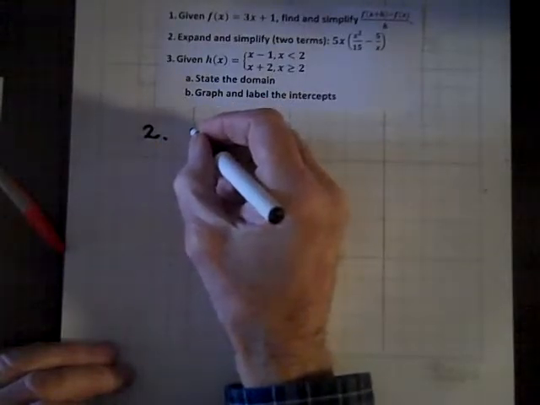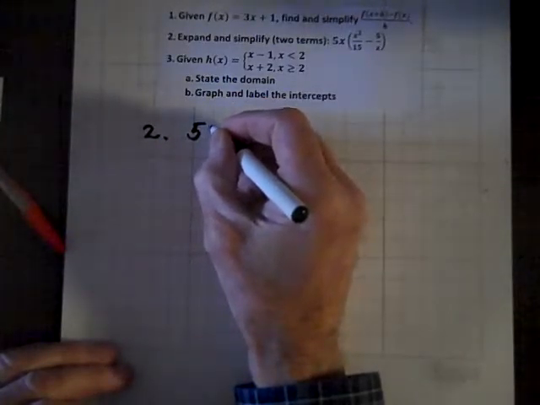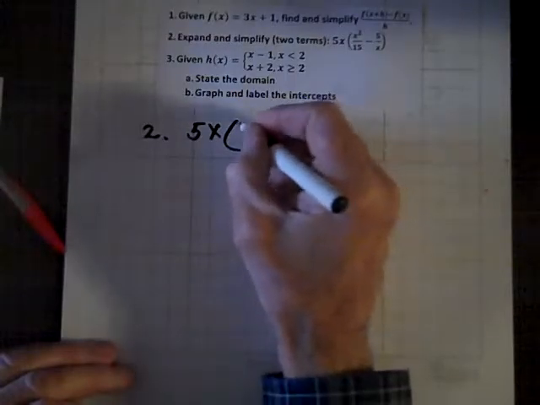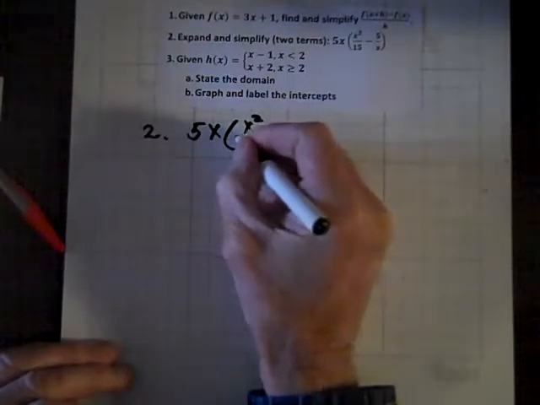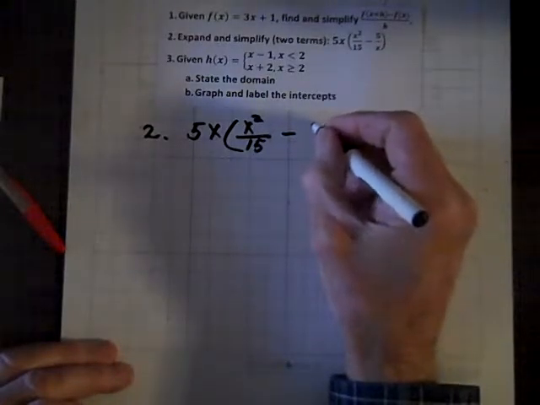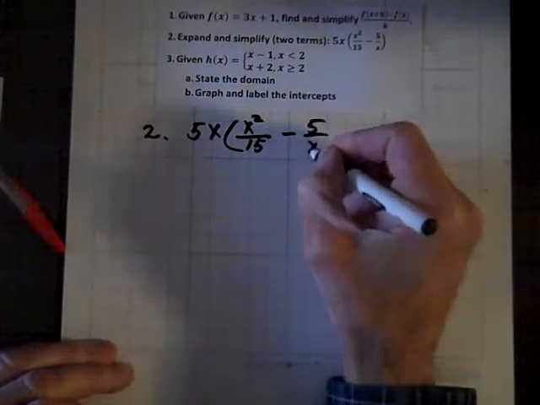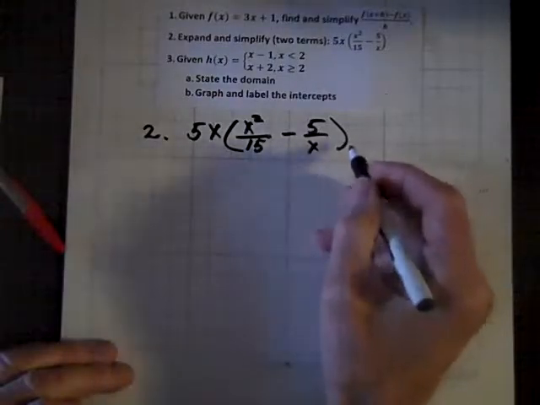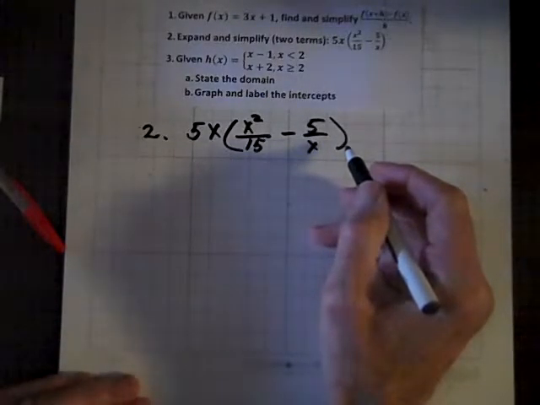So for 2, we have to expand this. We've got 5x times x squared over 15 minus 5 over x. And we've got to write this as two terms that are simplified.